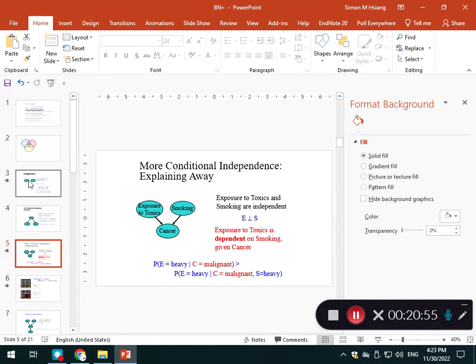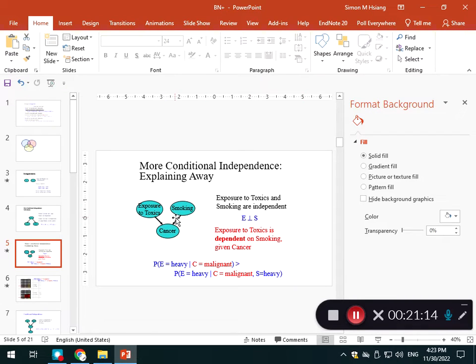Okay, more: exposure to toxins. I'm talking about effect and cause. Exposure to toxins and exposure to smoking can both cause cancer. Exposure to toxins and whether you smoke or not are independent, right?